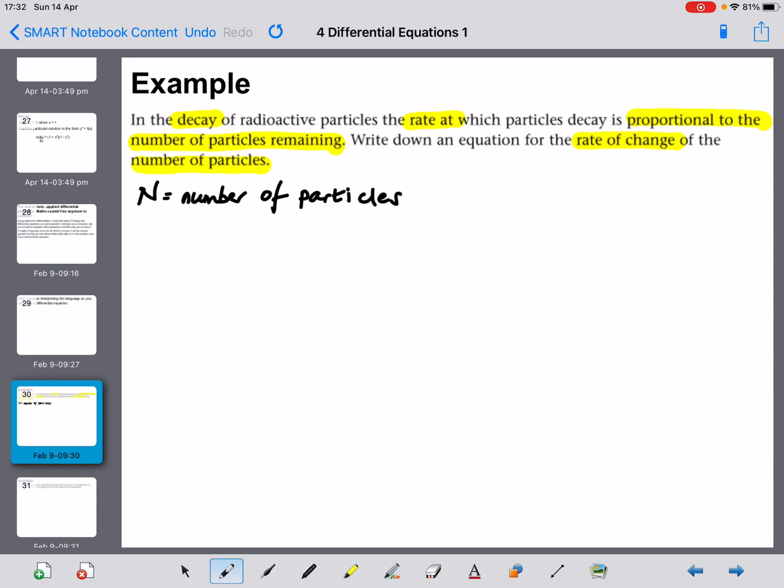Okay, now this word rate, you've seen this before. If you see the word rate, it means differentiate. And when it's in a context, it's with respect to time.